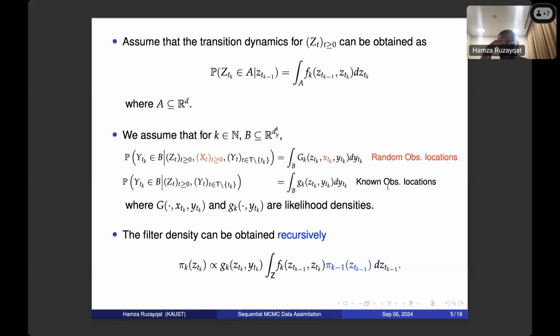Now, in other state space models, when we know where the observations are, we don't have to include this X_tk in the likelihood, and so we write it as a small g_k.